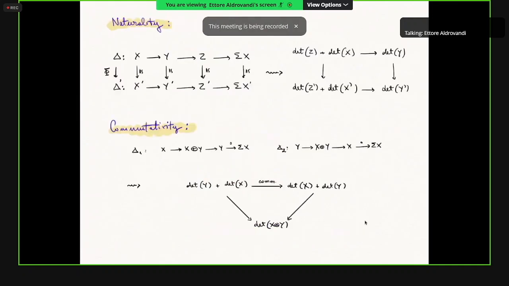So, naturality is what you expect. If you have a morphism between two distinguished triangles, that ought to be translated in the appropriate way for the additivity data.